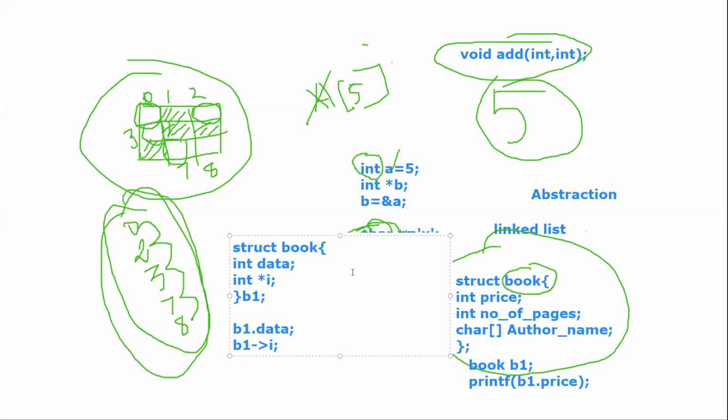This is what I want to tell here. This will be used frequently in your programming, starting from the linked list. When I say linked list, it means I want to link a node to another node. How will you go to another friend's house? Only if you know the address, right?